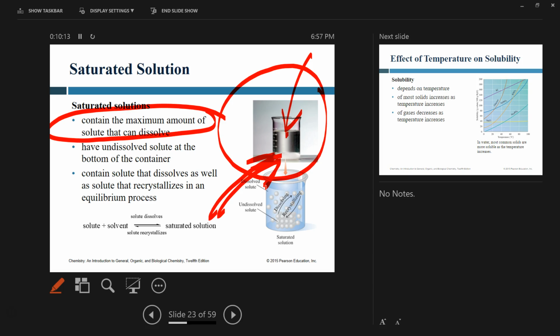And you have to understand that the solid salt and the saturated salt solution constantly interact. Some ions in the solution form crystals, okay, and precipitate, going into the solid. At the same time, other ions dissociate and go back in the solution.